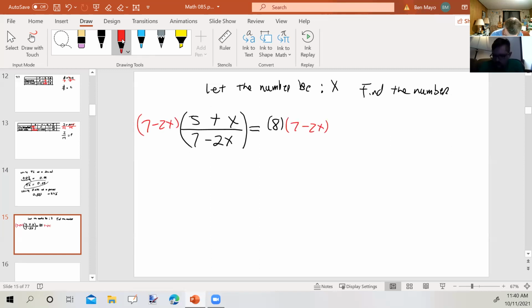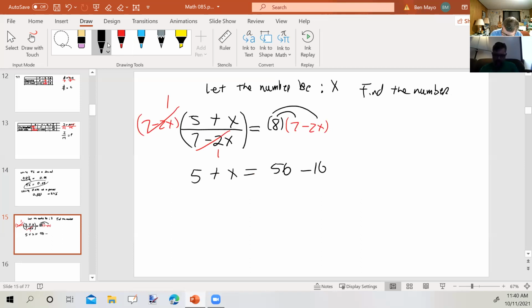7 minus 2x. On the left side of the equation, the 7 minus 2x is reduced down to 1 over 1, and I'm left with 5 plus x. On the right side of the equation, distributing, I get 8 times 7 is 56, 8 times minus 2x is minus 16x. I'm going to put all the x's on the left side of the equation.